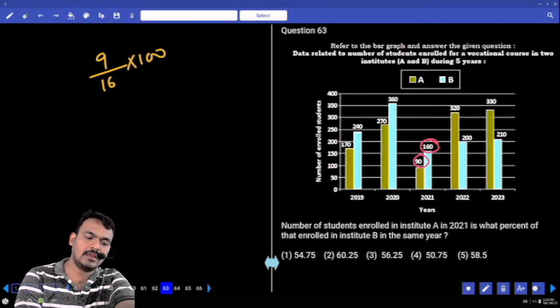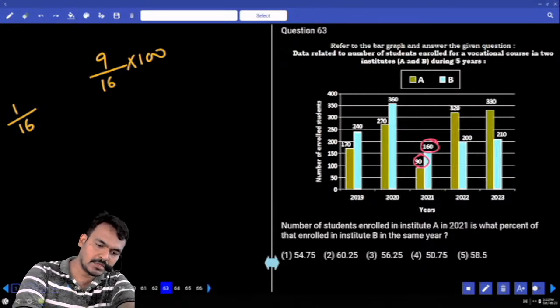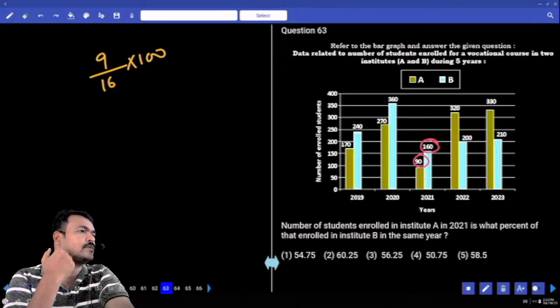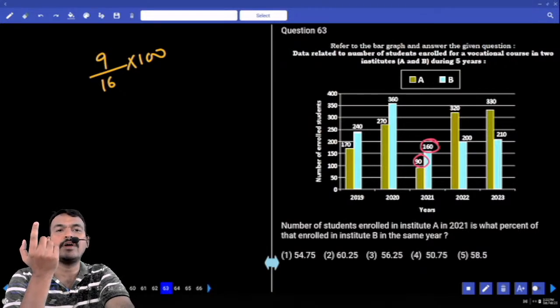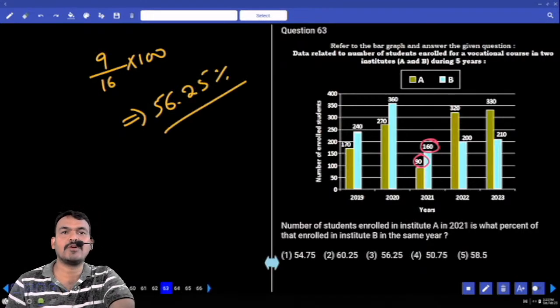Already we know 1 by 16. 9 by 16 means 8 by 16 plus 1 by 16. 8 by 16 means half. Half means how much percent? 50%. Again 1 by 16 is 6.25. Total it is 56.25%.